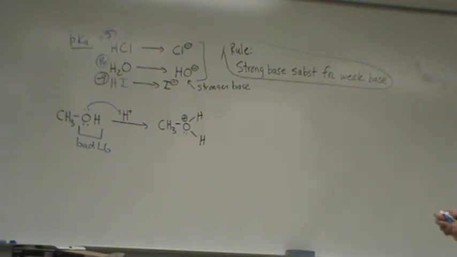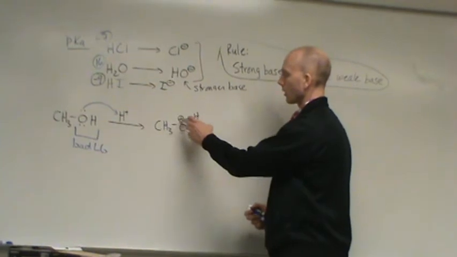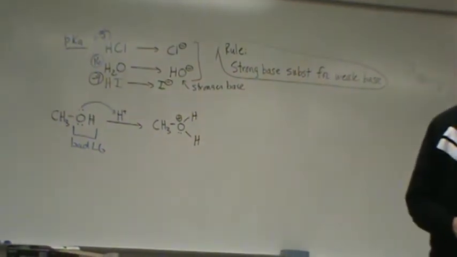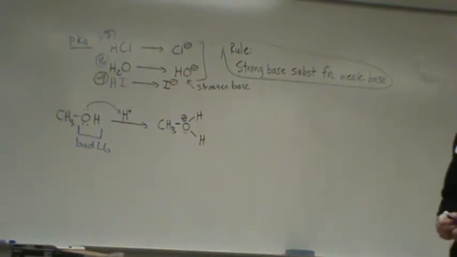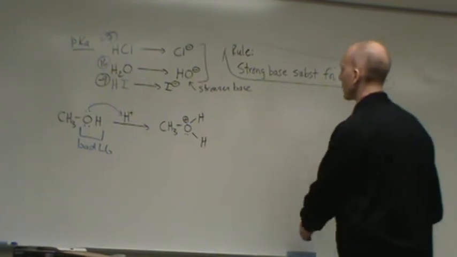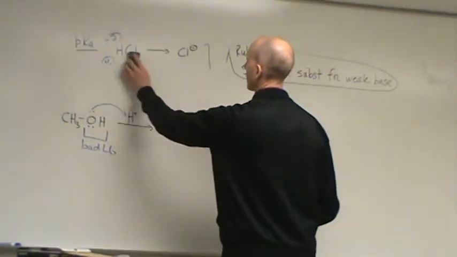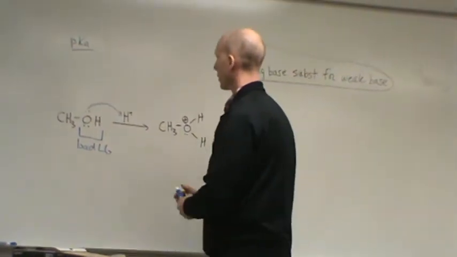Here, what has the leaving group turned into now? It's no longer OH. What is it now? It's water. So if I look at my pKa table, water comes from H3O+.